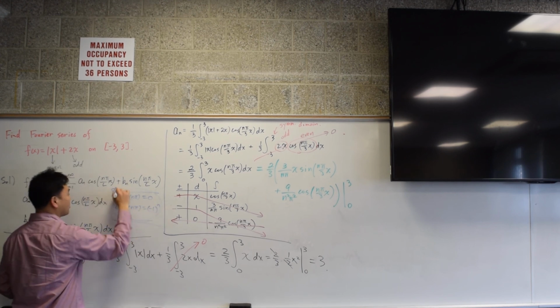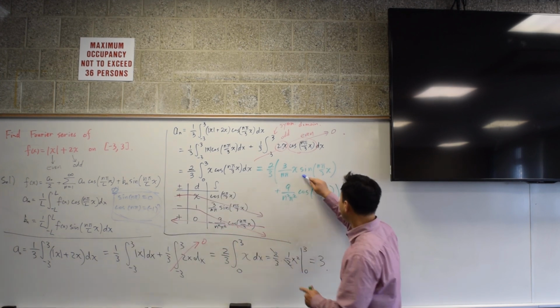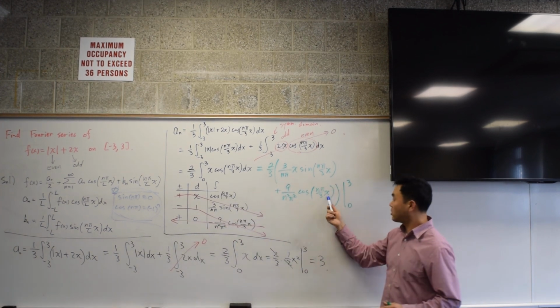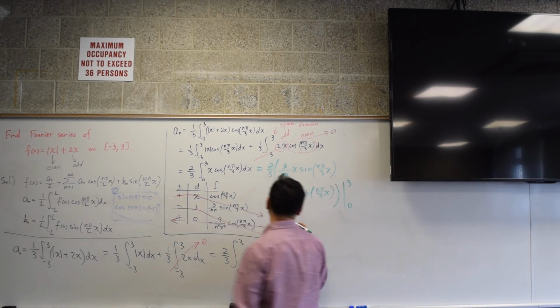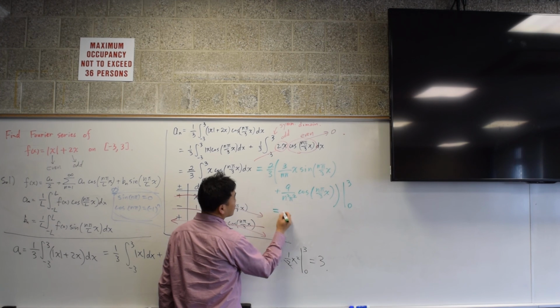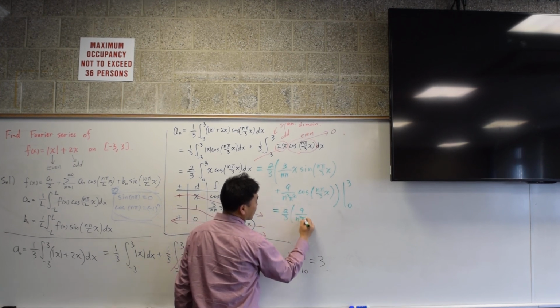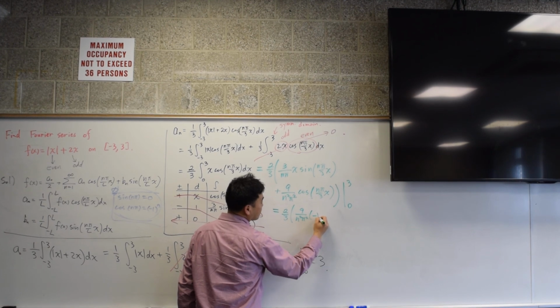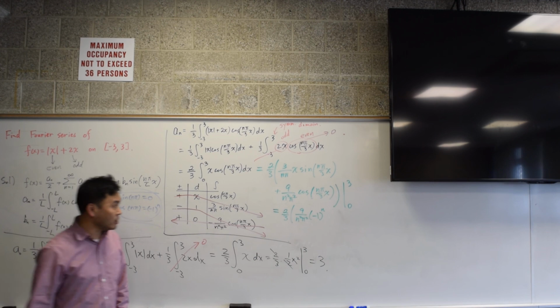Very important. So using that, we end up having 0 for the first term when you plug in 3, whereas for the second term you get cosine n pi, which is negative 1 to the nth power. So it's 2/3 of 9 over n squared pi squared times negative 1 to the nth power. That's what you get when you plug in 3.